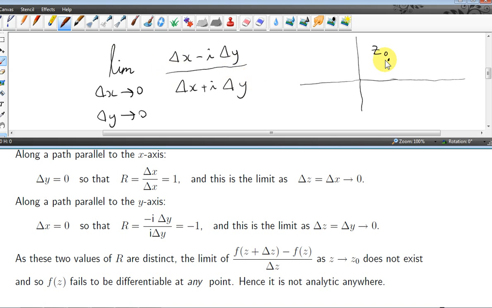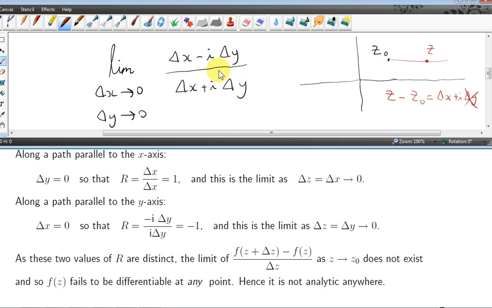We can imagine that z is approaching z naught along a path that's parallel to the x-axis. If that's the case, the difference between these complex numbers z and z naught is, well, we know it's delta x plus i delta y in general, but if z and z naught are on a line parallel to the x-axis, then delta y, the difference in the imaginary values of these two complex numbers, is 0.